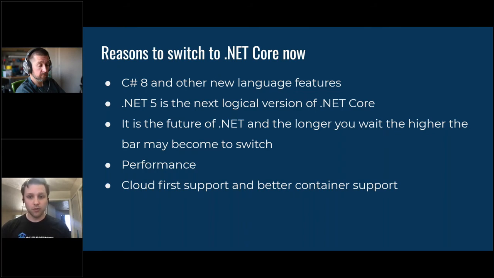So if you're trying to future-proof yourself, .NET 5 is essentially the next logical version, and this next piece kind of ties into that as well. It's the future, and the longer you wait, the more difficult it's probably going to be to switch over. Possibly, they could make it easier, but it's most likely going to be harder.